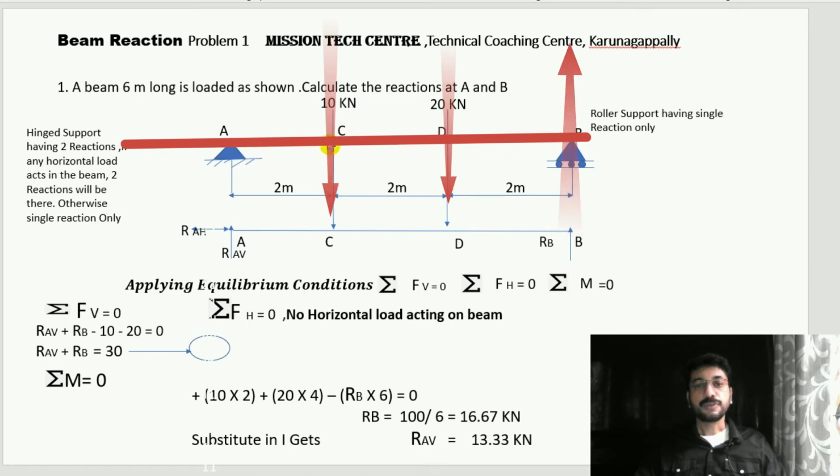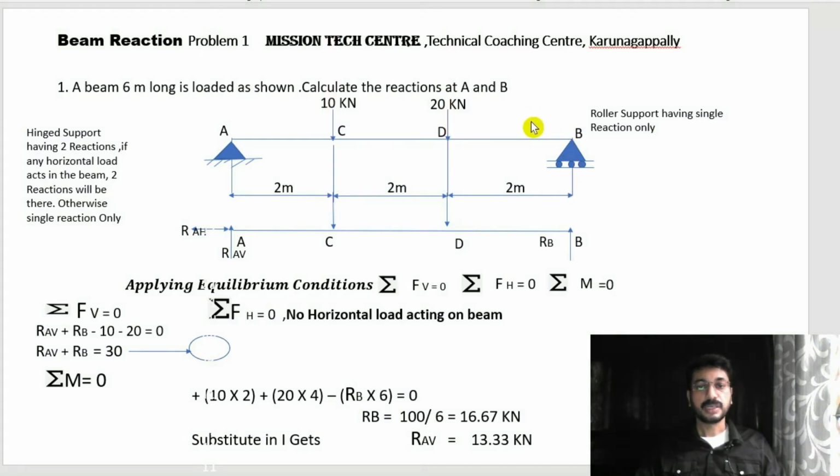The 10 and 20 forces make clockwise moments of magnitude 10 into 2 clockwise, and similarly 20 into 4 clockwise, then minus RB into 6 since it is in the anti-clockwise direction and taken as negative. Then we get the value of RB as 16.67 kilonewton. Substituting the same in this equation, we get the value of RAV equal to 13.33 kilonewton.